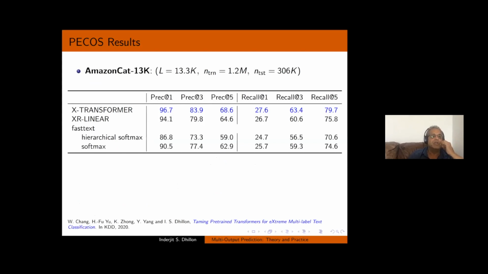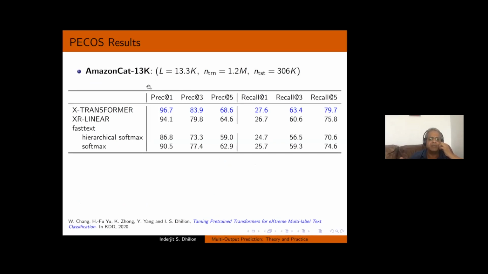So this is a publicly available data set that has 13,000 labels, so somewhat of a toy problem.